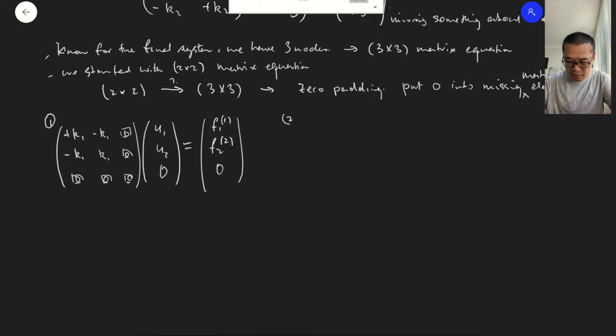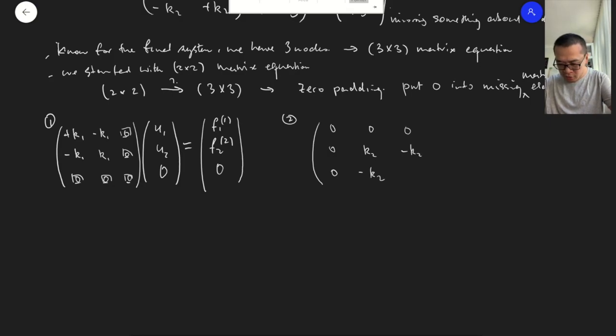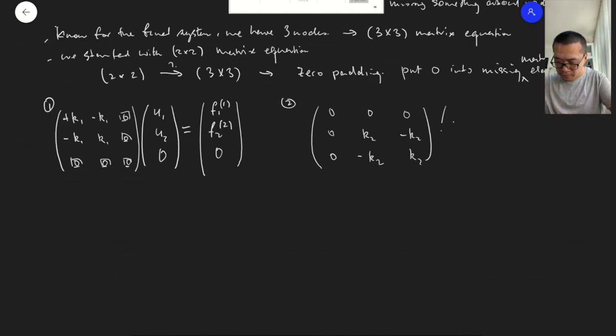So similarly, we can write 0, 0, 0, 0, K2, minus K2, minus K2, K2, times 0, U2, U3, equals 0, F2 of 2, and F3 of 2. Right?